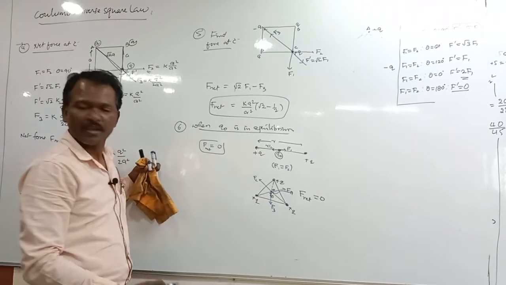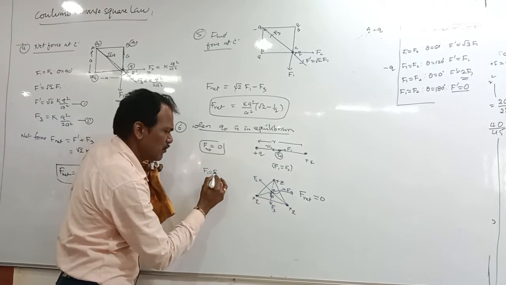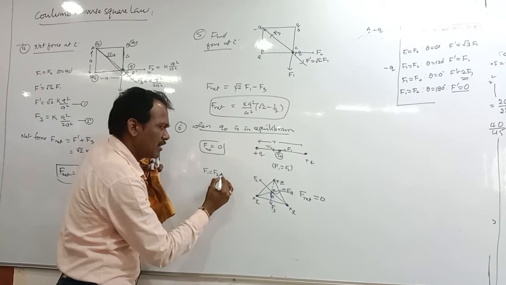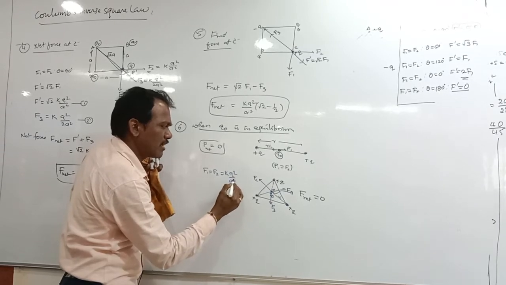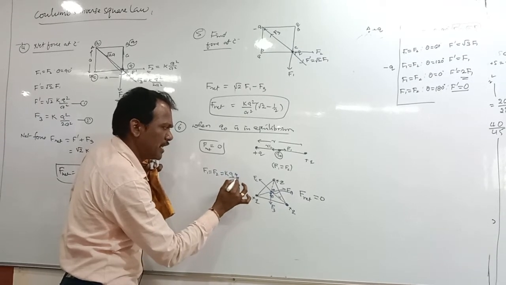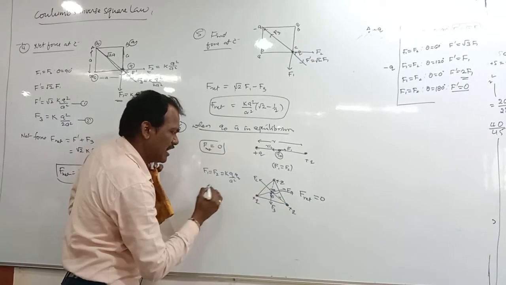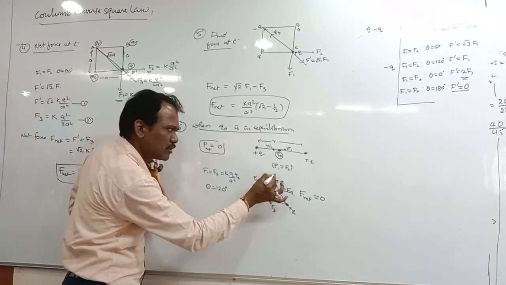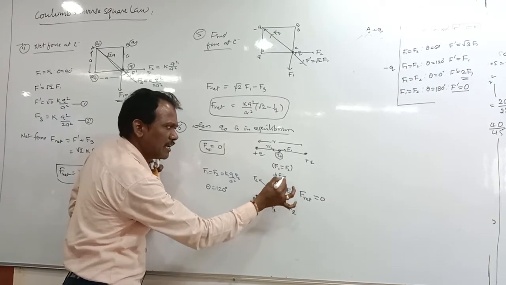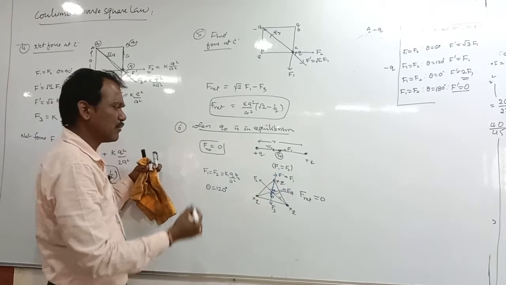Right? And here F1 is equal to F2, and that is equal to K Q q naught by A square, because this charge is q naught we have taken. Here angle theta will be 120 degrees. The resultant force will be F dash, that is equal to F1 or F2.